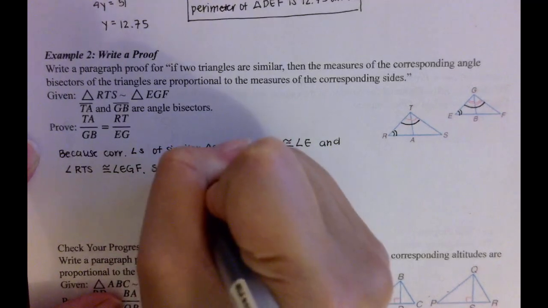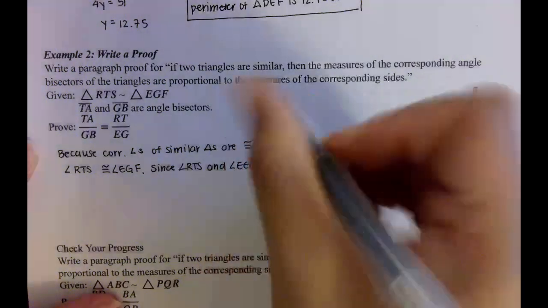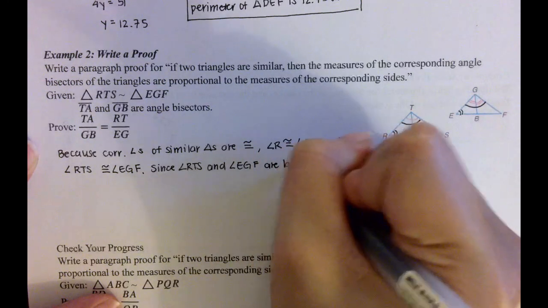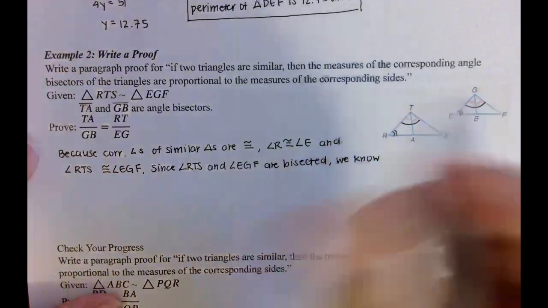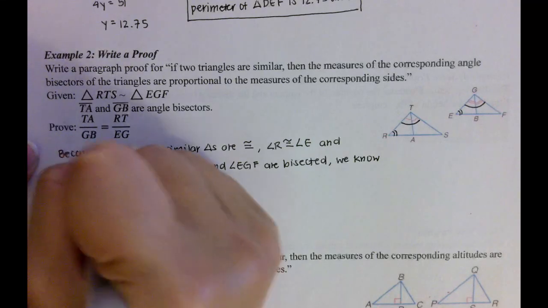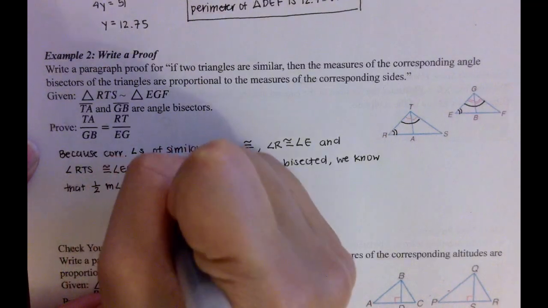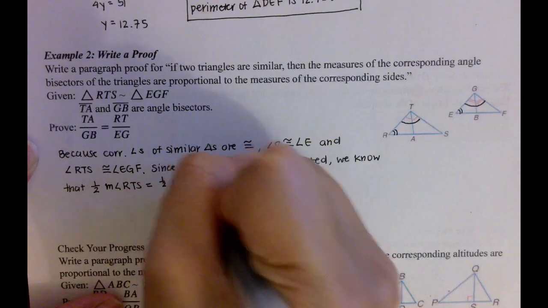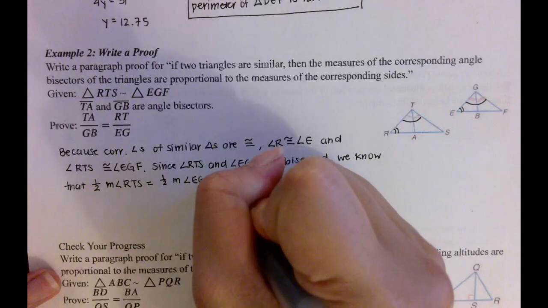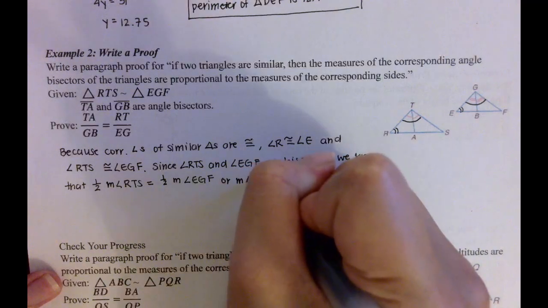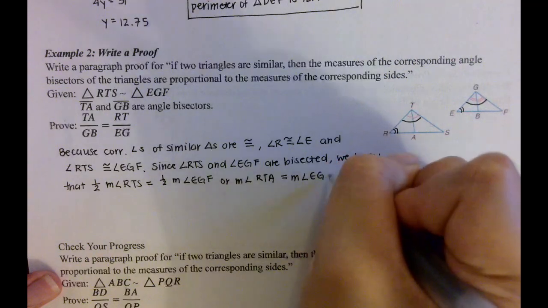So since angle RTS and angle EGF are bisected, we know that half of the measure of angle RTS should equal half the measure of the other one as well. Or another way of saying that is that the measure of angle RTA is equal to the measure of angle EGB.